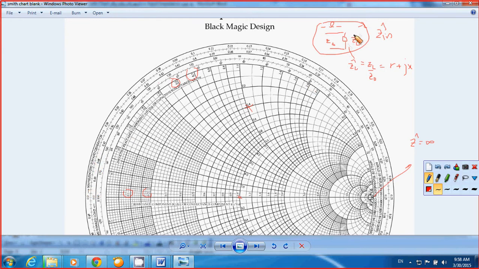So you start from your load impedance and move toward the source, or what we call the generator. So the direction of rotation is going to be clockwise, okay?